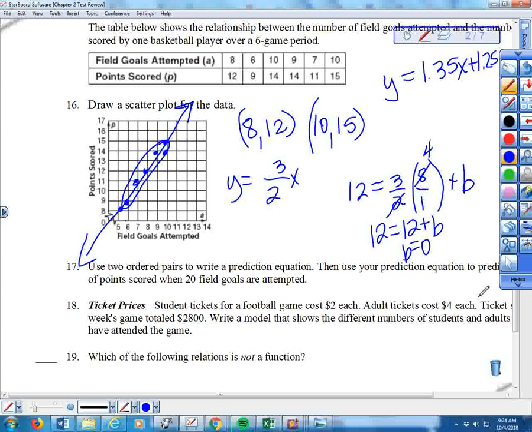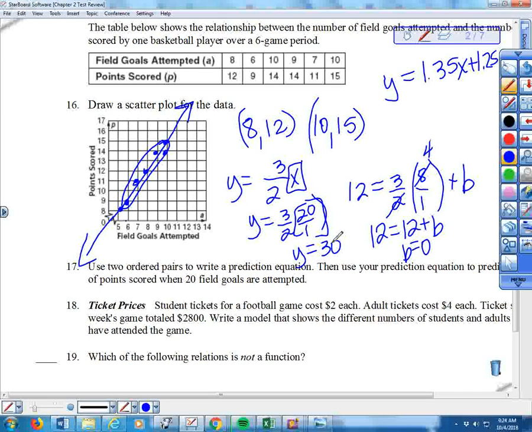Okay, and now it says use your prediction equation to predict the number of points scored when 20 field goals are attempted. Just put 20 in here. 20 over 2 is 10 times 3 is 30. When you put 20 into your equation, what do you get?